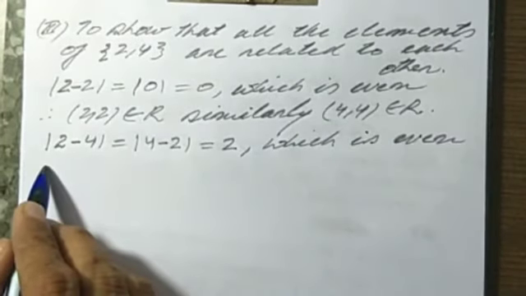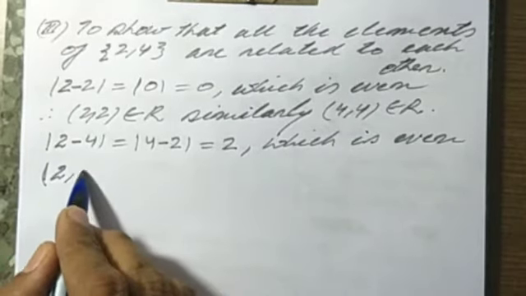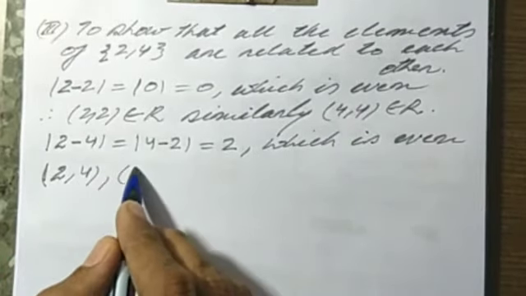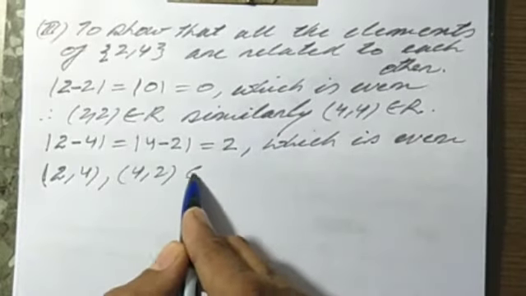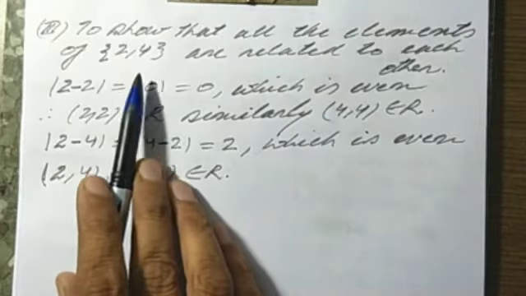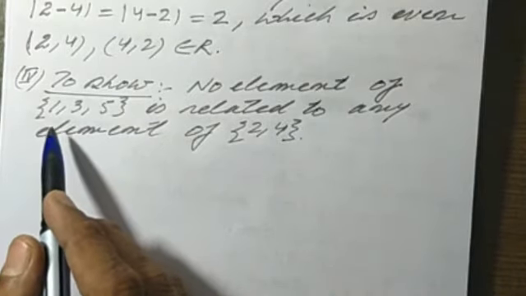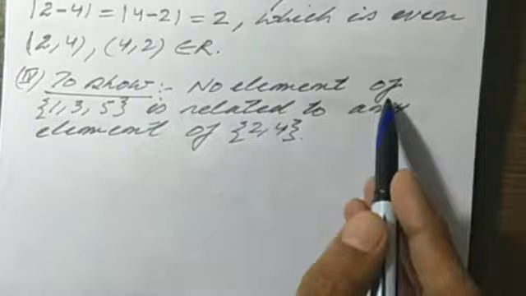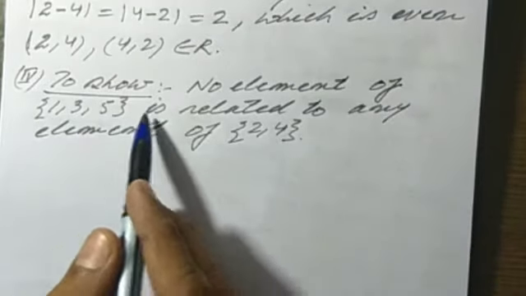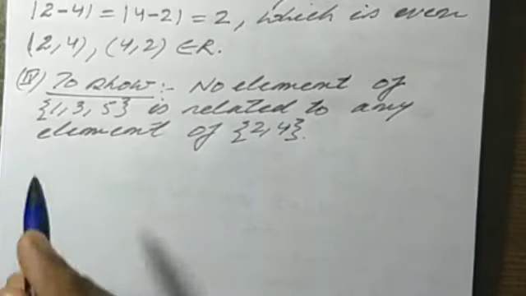So under this given relation, ordered pair 2 comma 4 and 4 comma 2 both belong to R. So we have shown that all the elements of the set 2 comma 4 are related to each other. Now further, in the fourth and the last part of the sum, we have to show that no element of the set 1, 3, 5 is related to any element of the set 2 comma 4.